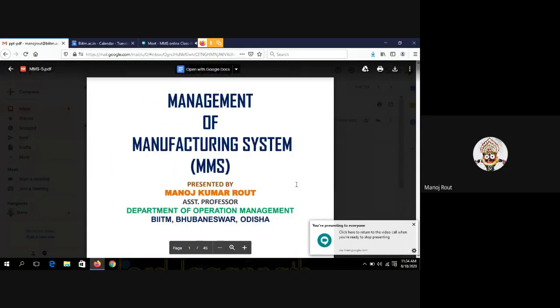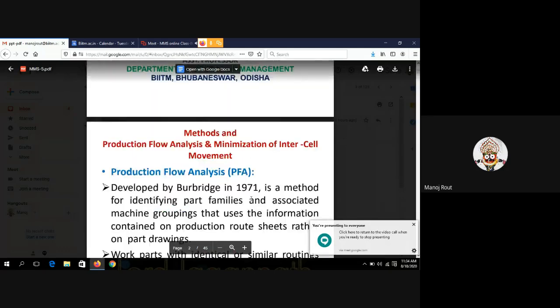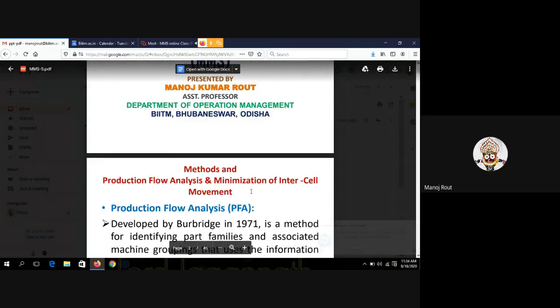Okay. It auto rotates to the first slide itself.